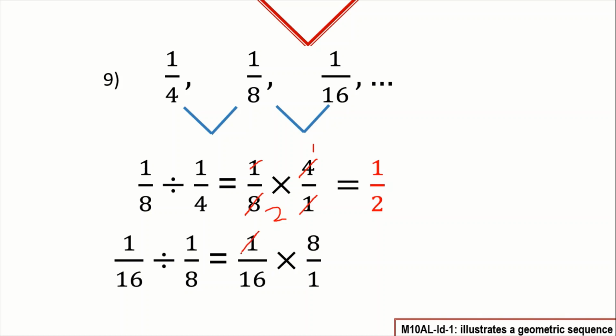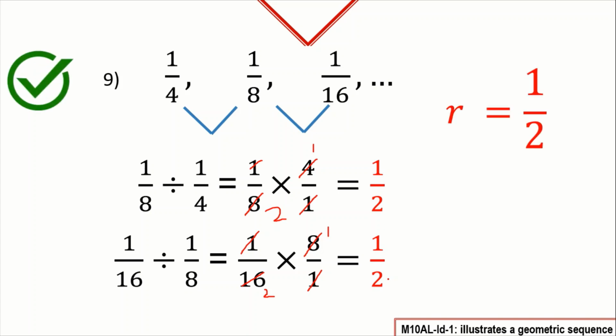Again, pwede natin ito, this is equal to 1, and ang 8 and 16, pwede natin i-divide by 8. So, this is 1, the 16 divided by 8 is 2. So, ang natira ay 1/2. Kita naman na ang ratios ng mga terms ay pare-pareho. Then, the given sequence is a geometric sequence and the common ratio is 1/2.